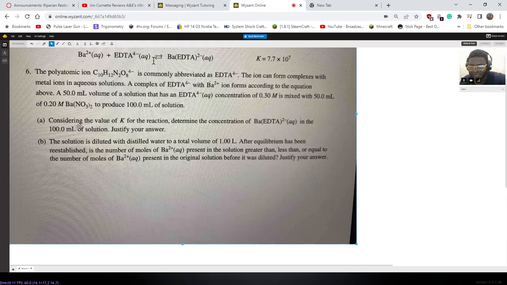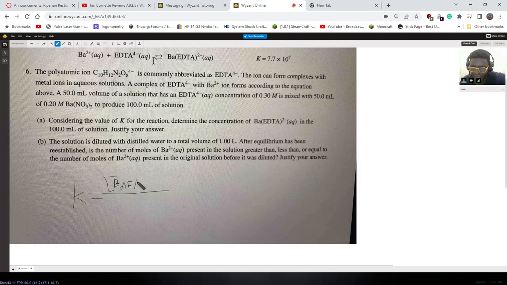I also know the answer to this. So, you look at the K, right? Remember, K is equal to products over reactants. So you have the concentration of barium, and EDTA.